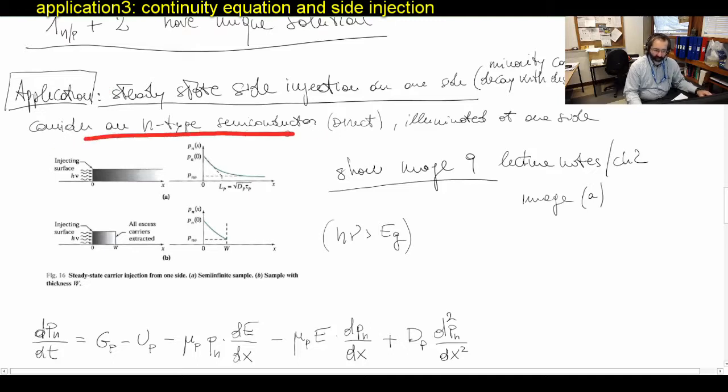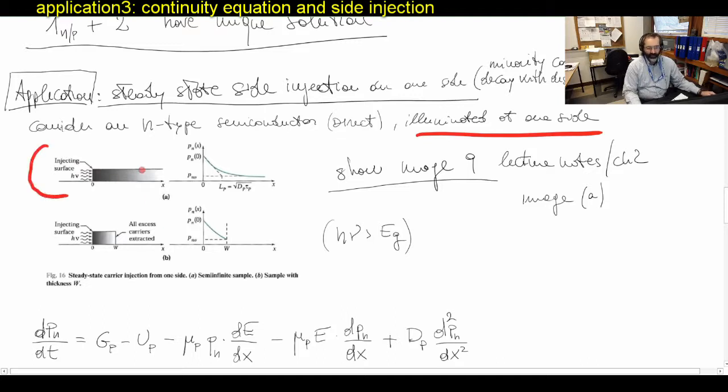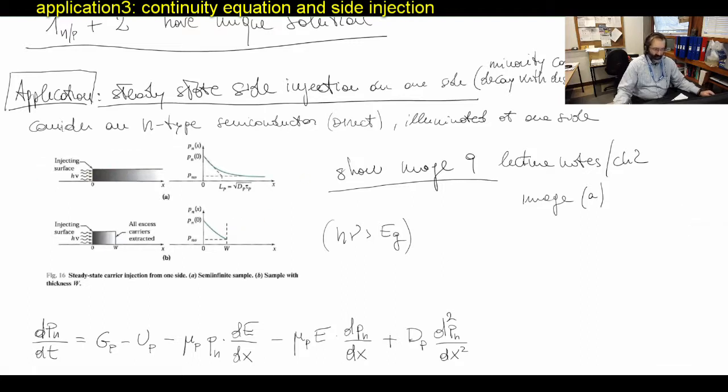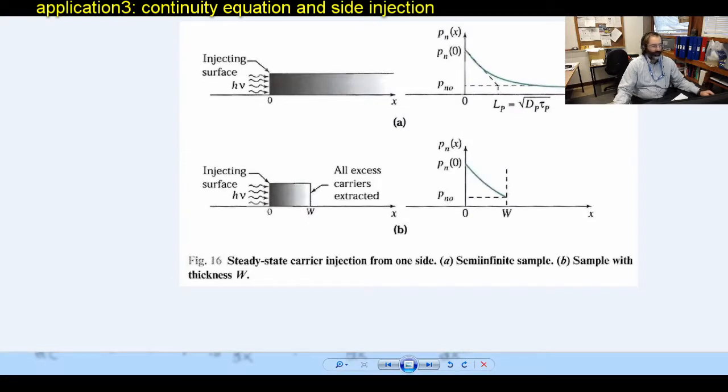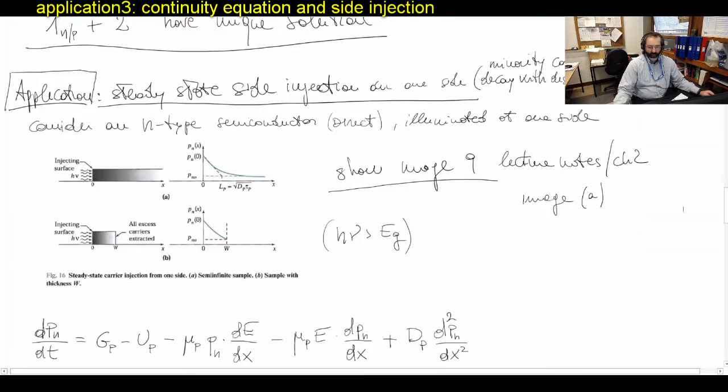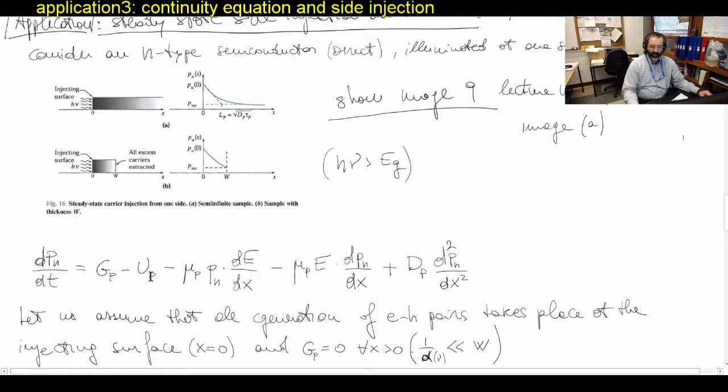So let us consider an N-type semiconductor, a direct semiconductor, which is illuminated on one side. Okay, consider this situation here. Let us assume that the semiconductor is infinite on this side. So if you want to see things a little bit better, we can have a look at this image here. So we are working under the assumption that the energy of the photons is bigger than the band gap, and so this means that there is absorption.